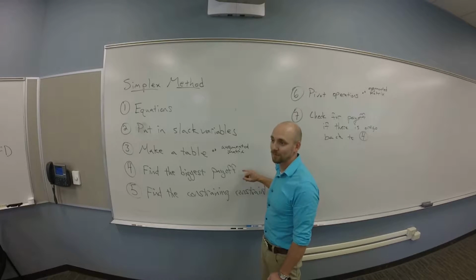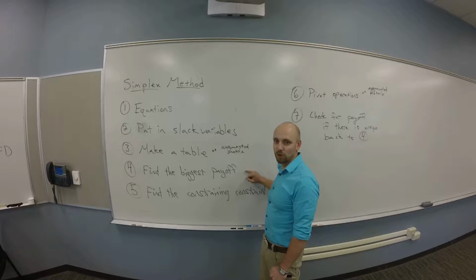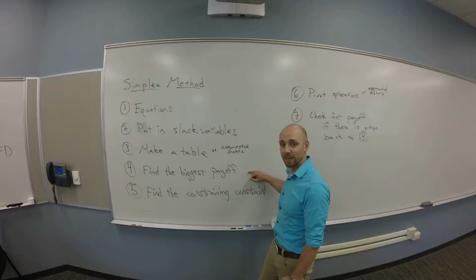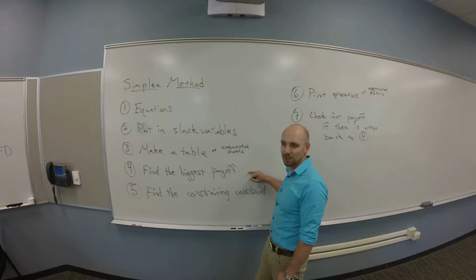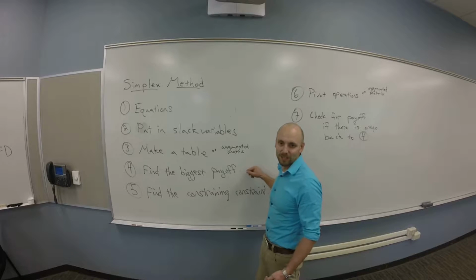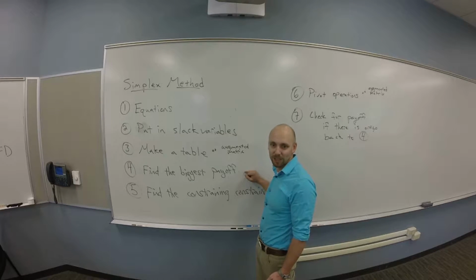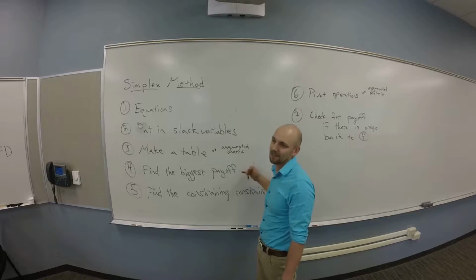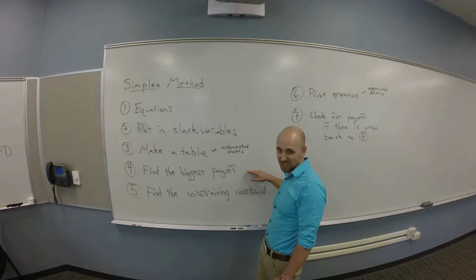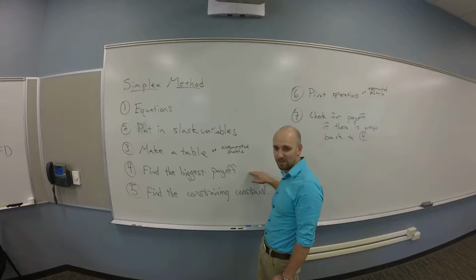Otherwise, why are you making the problem? That'll happen when there's only one way to do the thing you've described. So there would be only one vertex, which would be a little bit bizarre, but could happen. You could write down some equations that only intersect at one point, right? And so maybe there isn't a payoff, but that would be super bizarre.